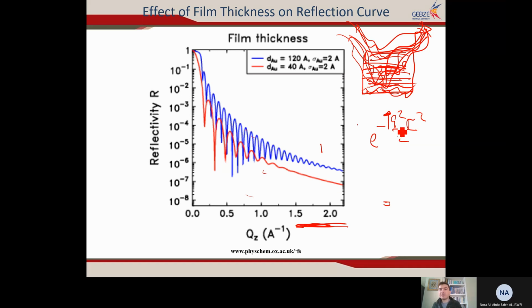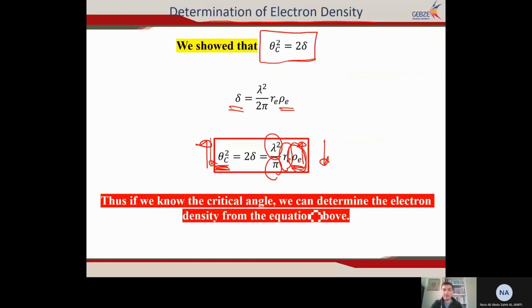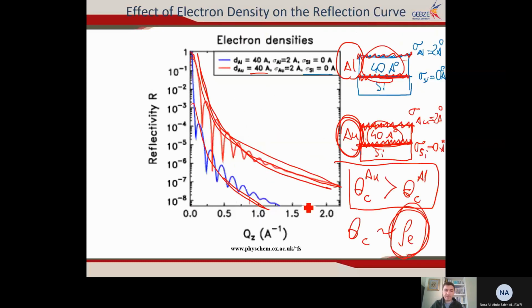At higher angles, this term will be very dominant, and then the amplitude of the oscillations will be lost finally. You will see more or less nothing after a certain angle, okay? For this reason, the amplitude is decreasing with the angle. So this is the effect of the roughness.